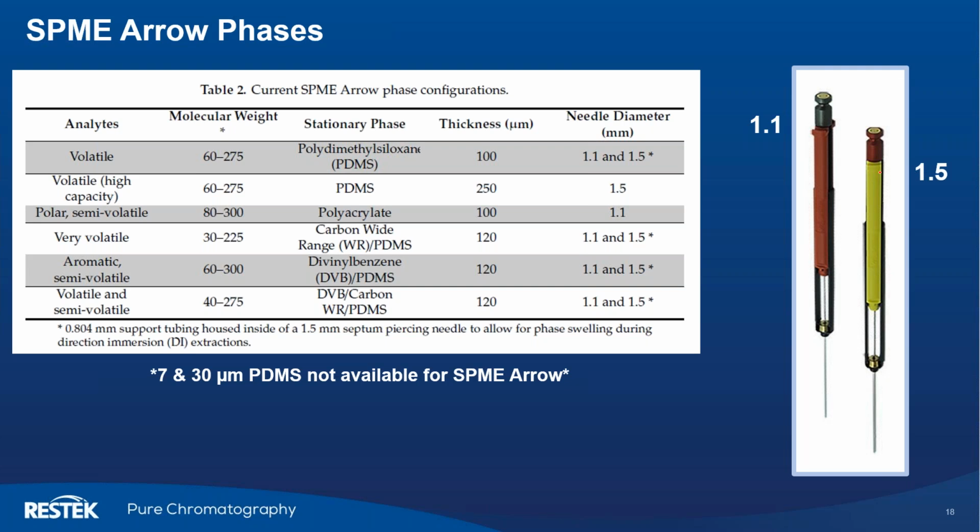So these are easily identifiable in the laboratory. The 1.5 is typically used for direct immersion extractions, whereas the 1.1 is better for headspace. The 1.5 allows some extra space inside the tubing for phase swelling, so that the phase is not stripped off the Arrow after it has extracted analytes from the sample.